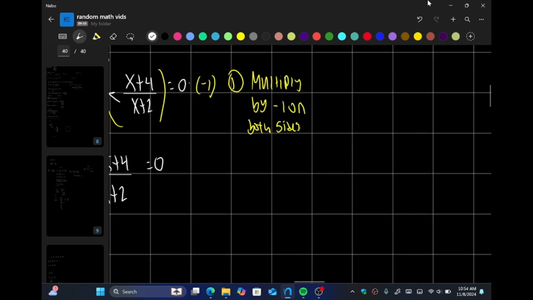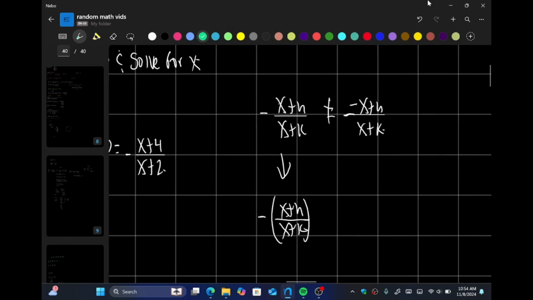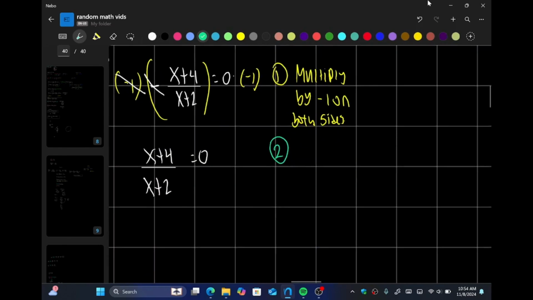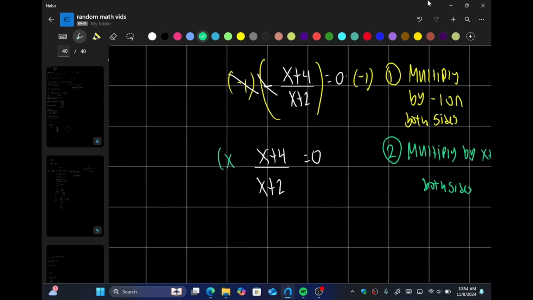So number 2, we're going to multiply by x plus 2 on both sides, okay? This is just in case y'all don't understand how to do this.